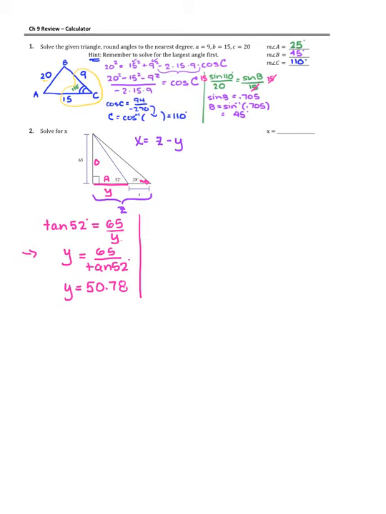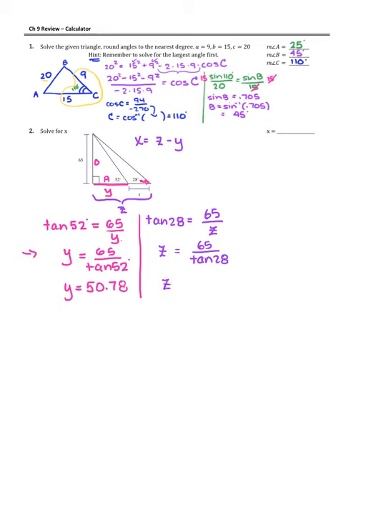All right, now let's find Z. With Z, it's also opposite and adjacent. So we know that the tan of 28 is 65 over Z. So they switch positions. Z is 65 divided by tan 28.